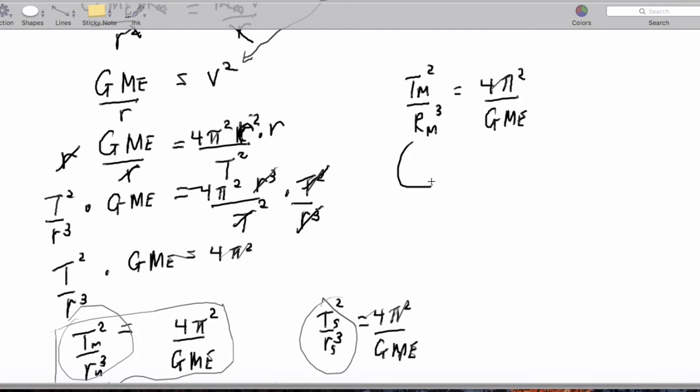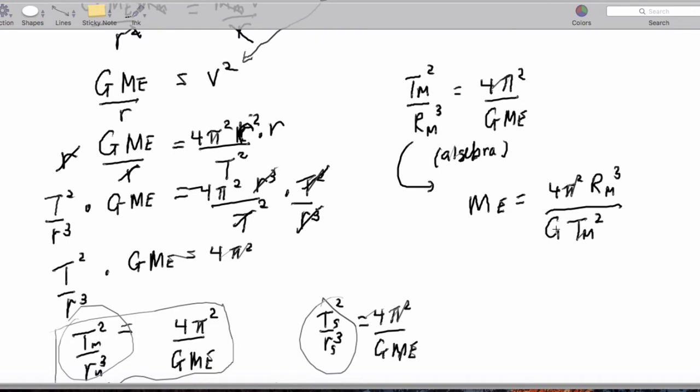When we isolate, so after doing some algebra, we're going to end up getting that the mass of the Earth equals 4 pi squared r_m cubed over T_m squared with this G down here.